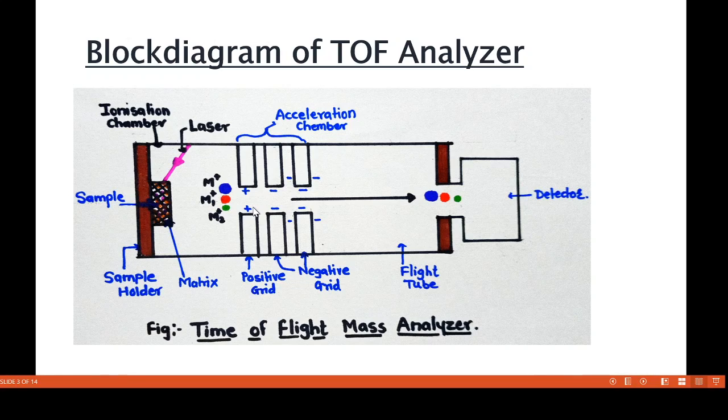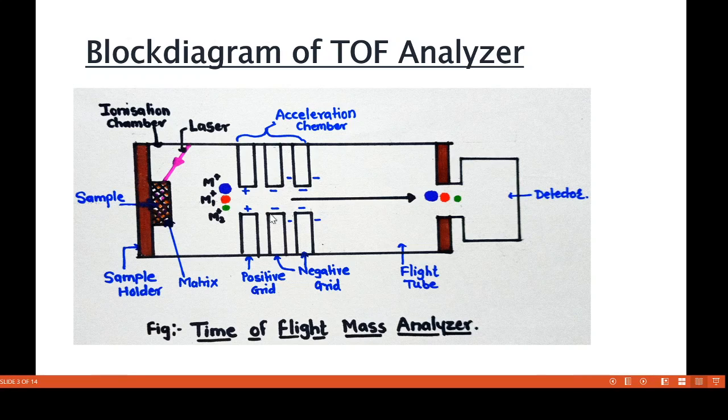So when these positive ions enter the acceleration chamber, what happens? The ions have positive charge and this first one is the positive grid. So what happens? They get repelled because like charges repel each other. So repulsion takes place toward the right side because at the right there are more negative grids.